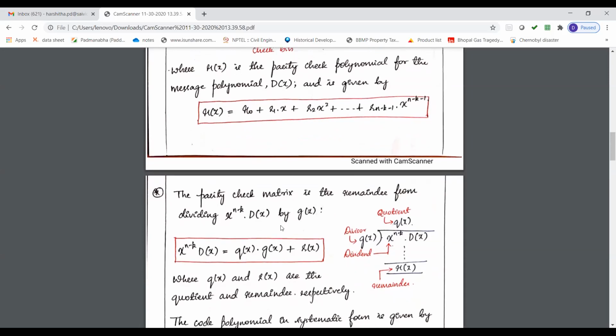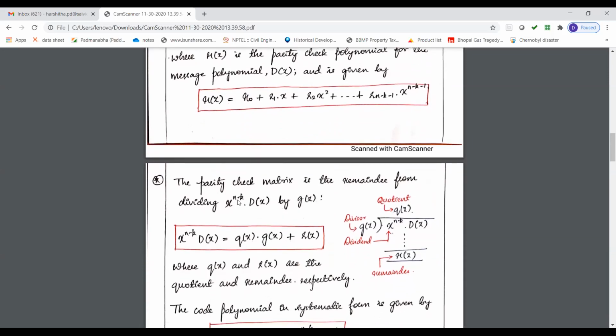So this x to the power of n minus k into d of x is divided by g of x. As you can see here, we'll write it like this, where g of x is the divisor and x to the power of n minus k into d of x is the dividend, and upon performing the division operation we'll get the remainder as r of x, which is the parity check polynomial, and q of x is the quotient that we obtain.